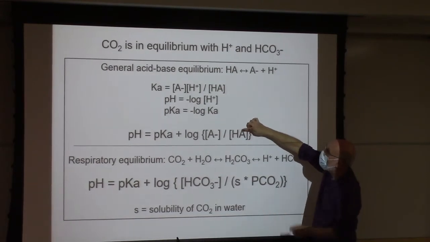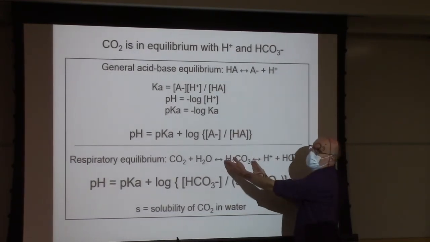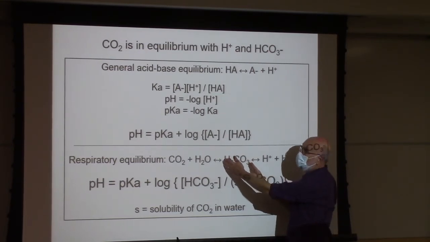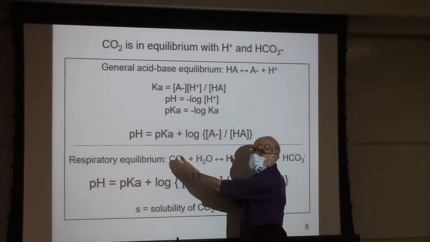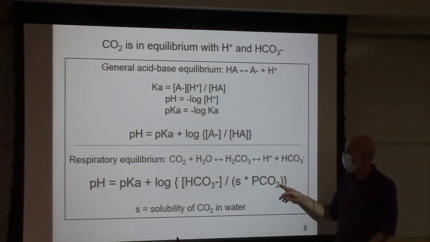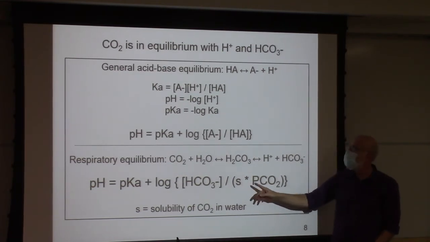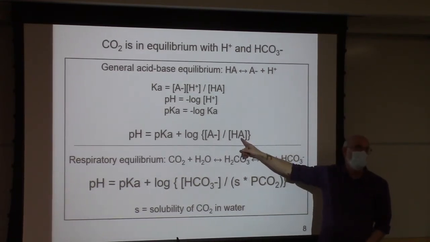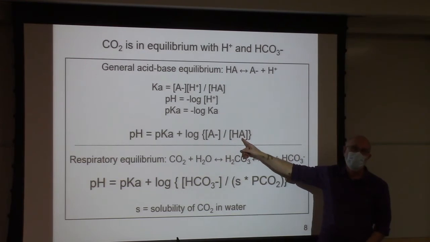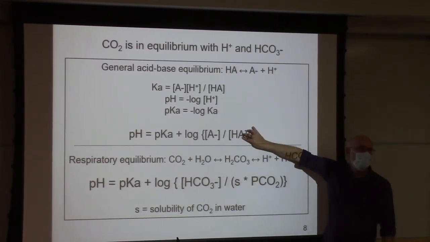Now, for the concentration of the acid, we could use the concentration of carbonic acid, but we are more interested in carbon dioxide. So we take the partial pressure of carbon dioxide and multiply it by its solubility as a measure of the concentration of the acid. So this term is this term.